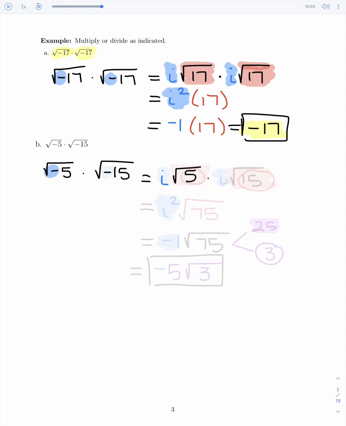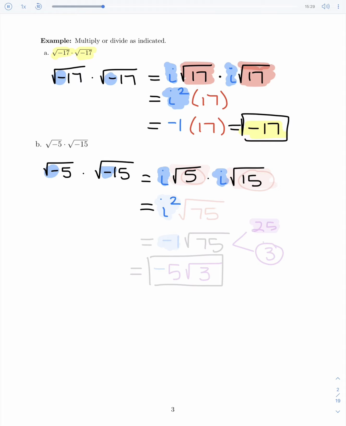Times, again, we've got a negative on the inside of the square root, so that will come out as an i, and then we'll leave the 15 on the inside of the square root. Then we end up with i times i, which is going to be an i squared again, just like the last one.